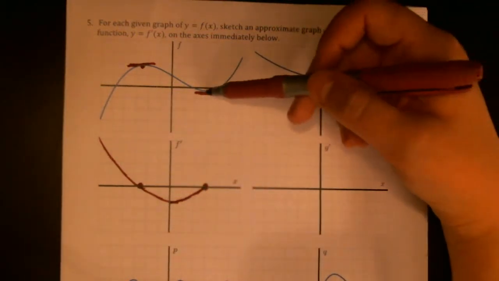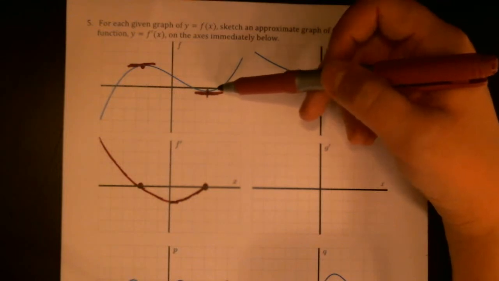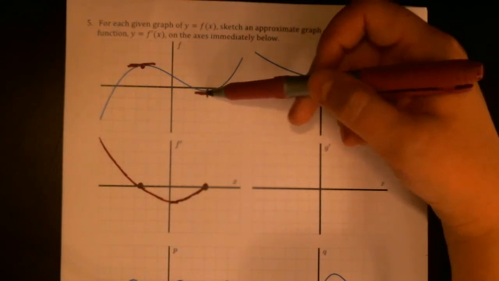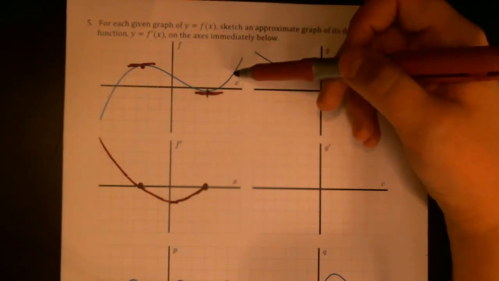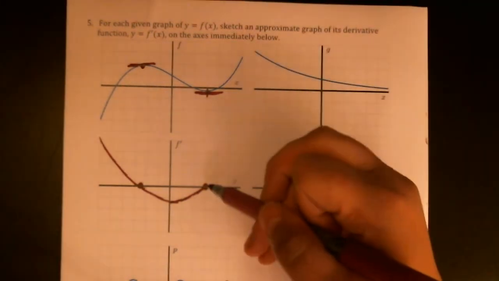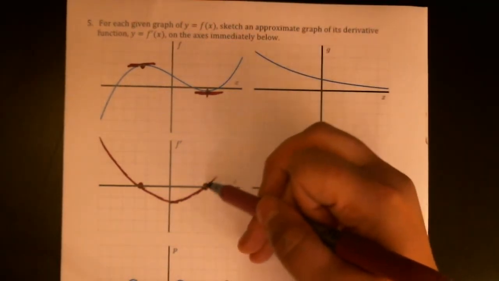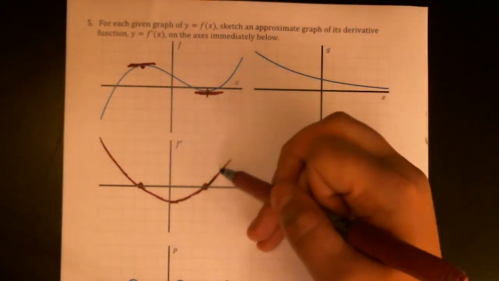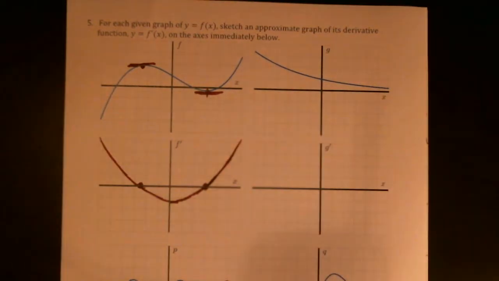On the other side of this flat spot, their slopes have returned to positive. So small positive, bigger positive, bigger positive. You can draw those tangent lines in, and that's what you want to reproduce with your y values. Small positive, bigger positive, bigger positive. So there's a rough sketch of the derivative, and that really is all I'm looking for in these, is just for you to get that rough sketch shape.